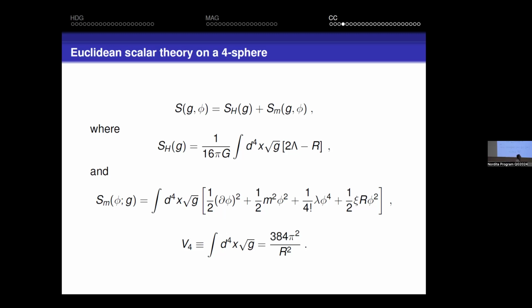Since we are just interested in how the universe becomes larger or smaller, depending on the cutoff, it's enough to look at quantum fields on a sphere. So we can fix the metric to be a sphere. The only dynamical degree of freedom of the metric is the radius of the sphere, or equivalently, its curvature scalar R.